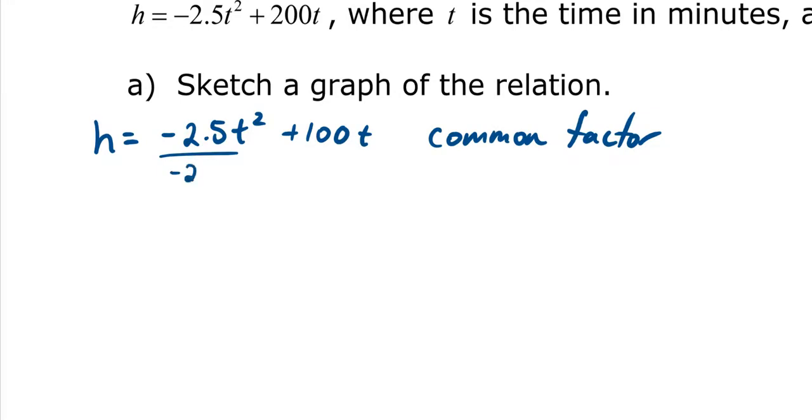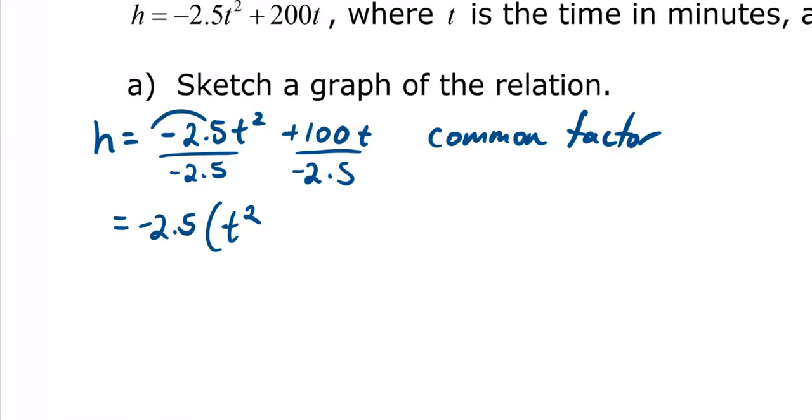I can divide this first term by negative 2.5, and 100 divided by negative 2.5 gives us a nice answer as well. So negative 2.5 divided by negative 2.5 is just t squared. So create your brackets, write t squared, put your common factor outside, negative 2.5. Again, it's like the reverse distributive property. You're just common factoring out a negative 2.5, and so it comes out here.